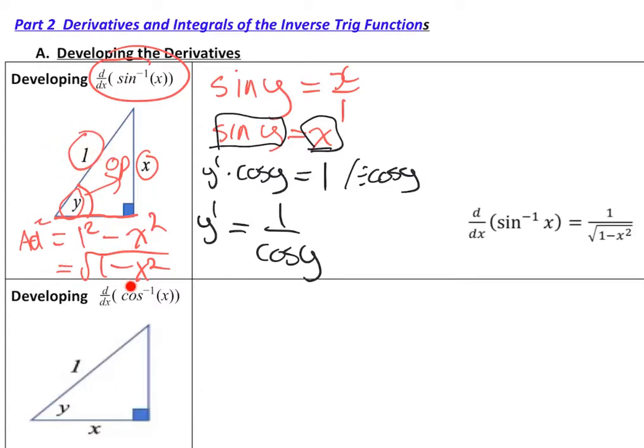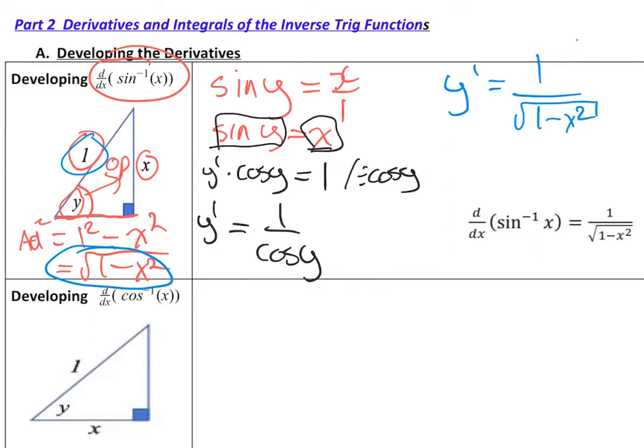So cos of y is square root of 1 minus x squared divided by 1. So we now know that y prime equals 1 divided by cos of y, so it's 1 divided by the square root of 1 minus x squared.